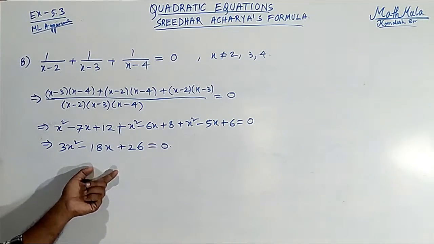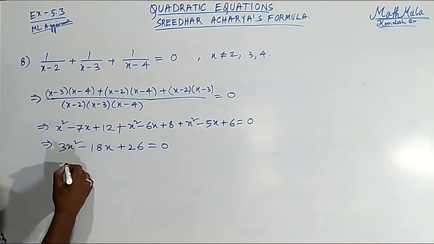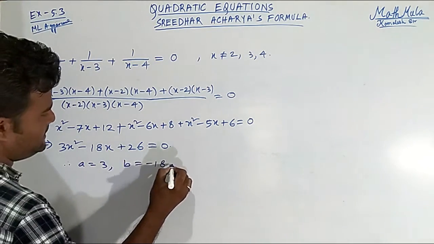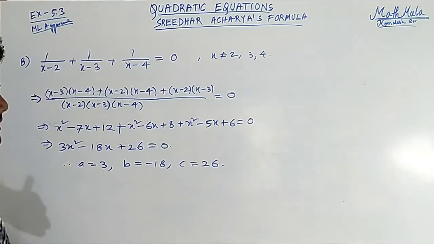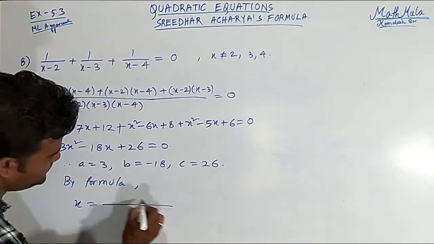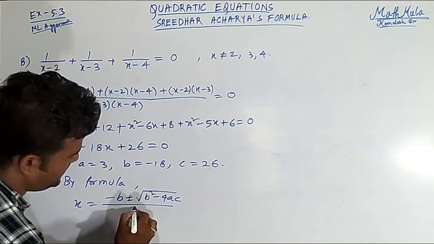And this is a quadratic equation. Now comparing this quadratic equation with the general form, a is equal to 3, b is equal to minus 18, and c is equal to 26. So by formula, the solutions are x is equal to minus b plus minus root over b square minus 4ac by 2a.